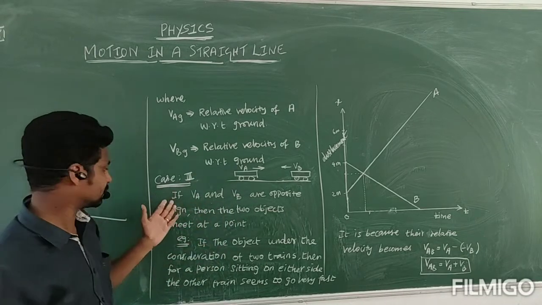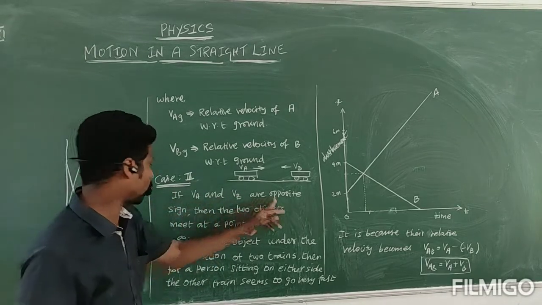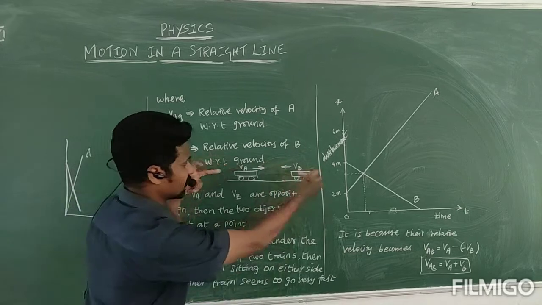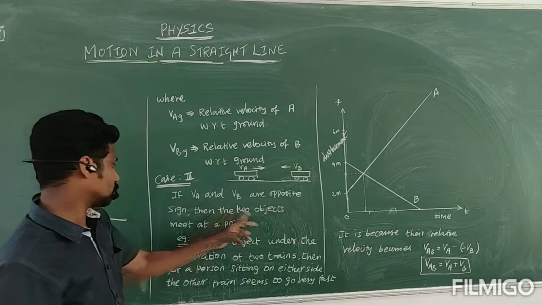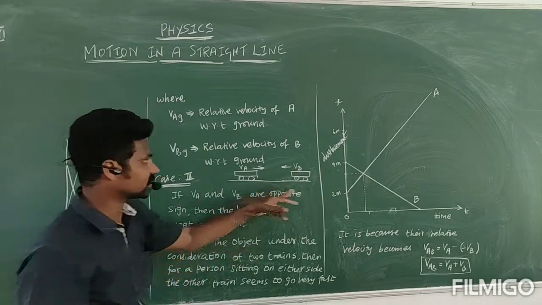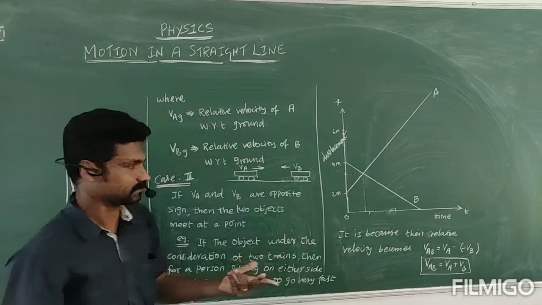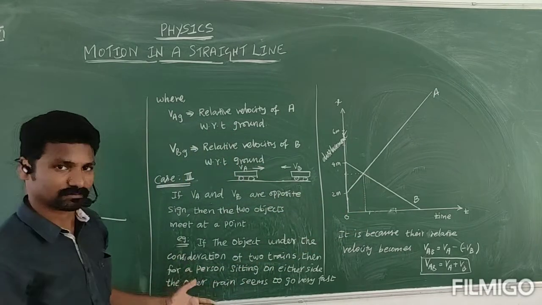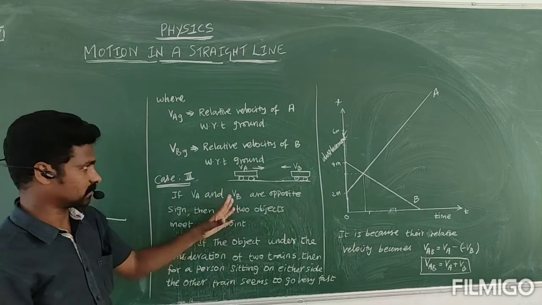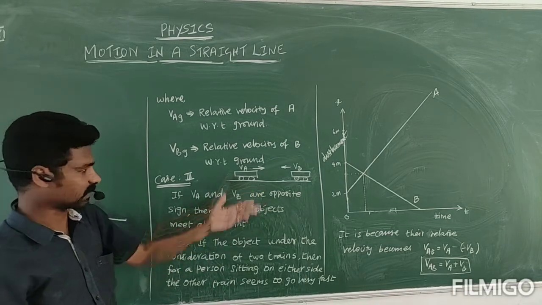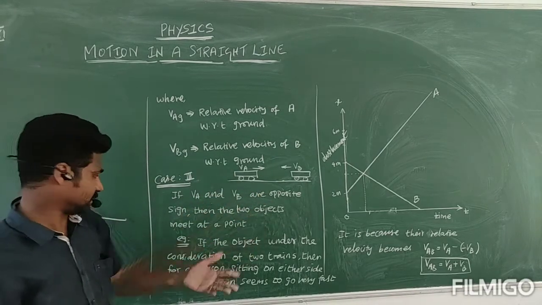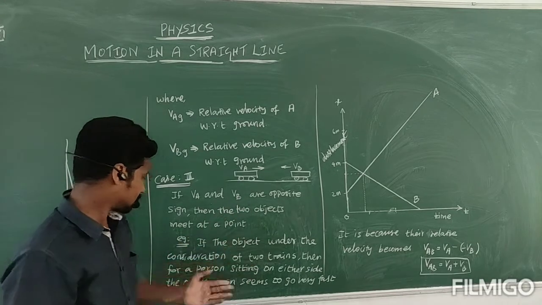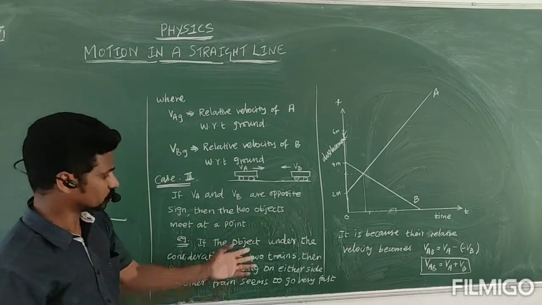So now let's see, if VA and VB are in opposite directions, then the two objects meet at a point. I simply said object, but instead of object they may give bus or train. Let's take two trains.